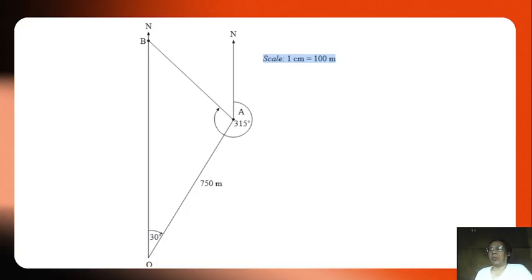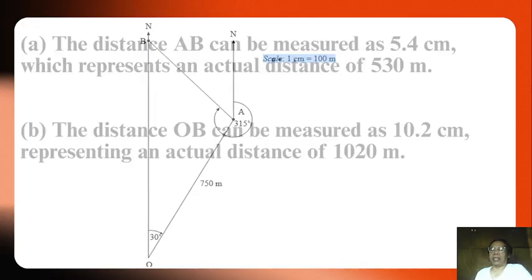And take note, we come up with an oblique triangle, I must say. But of course, we will not be using trigonometric principles here. It's really just a matter of using a ruler and coming up with the correct illustration like this.